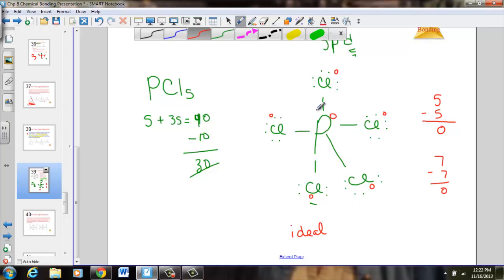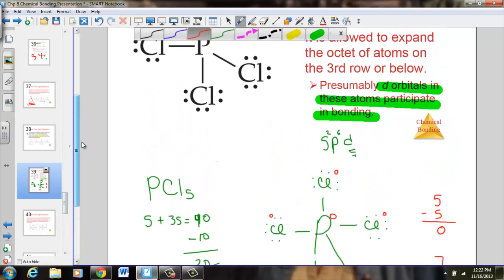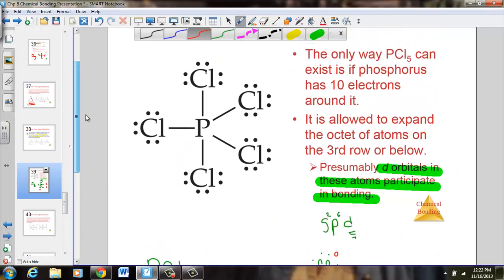By expanding the octet, we place 5 chlorines around the phosphorus, which it's fine to do because now we've dropped the formal charge of phosphorus to 0. An ideal scenario. Phosphorus pentachloride expanded the octet into the d orbitals, giving us a molecule with greater than 8 around its central atom.